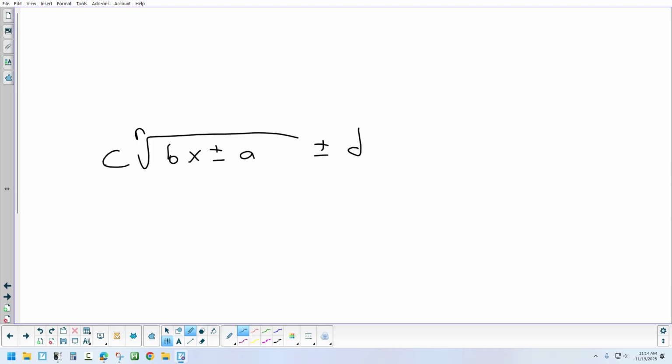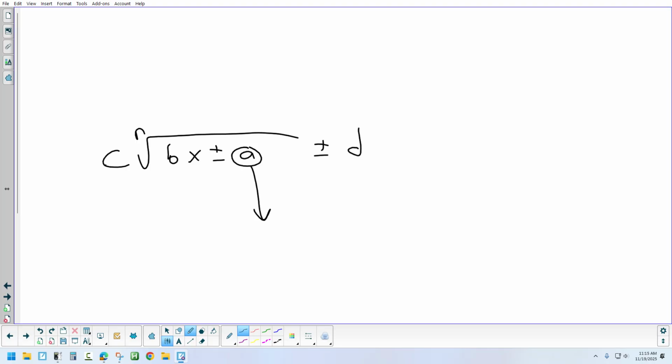All right, let's start with what A does. A is addition or subtraction, but it is on the inside. Does anybody remember what kind of transformation is addition and subtraction? Is it a shift, is it a stretch, or is it a reflection? It's a shift, yep. And what kind of shift? Yep.